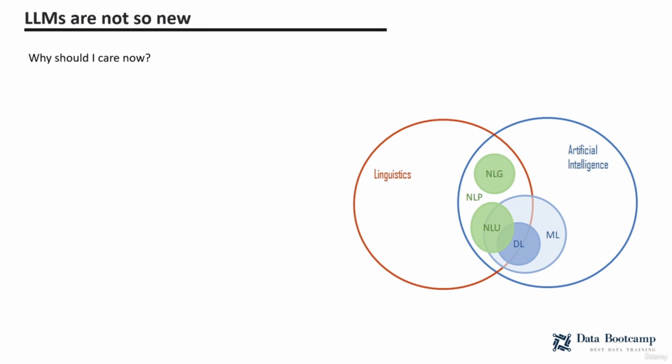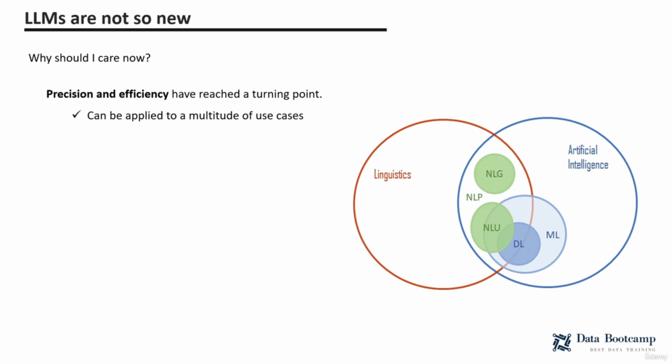So, why should we pay attention to these technologies now? Large-scale language models are not new. They have existed for years, including models like BERT. However, what has changed is the quality of these models. In the past, tuning and adapting a language model for specific use cases required extensive manual work.